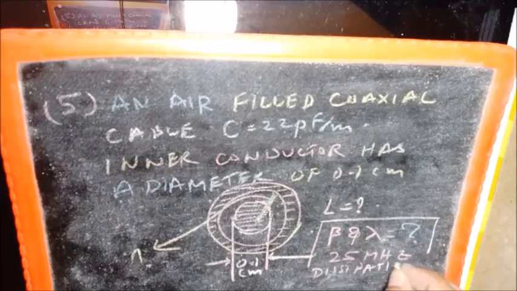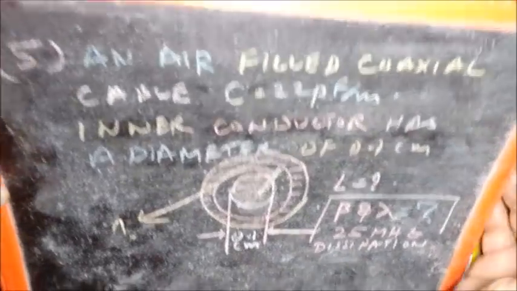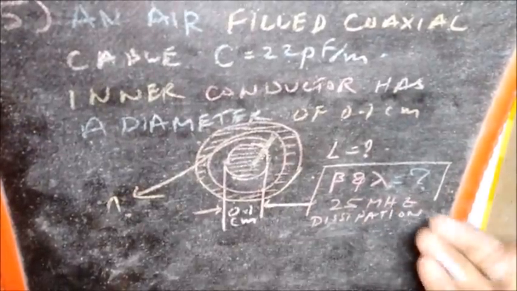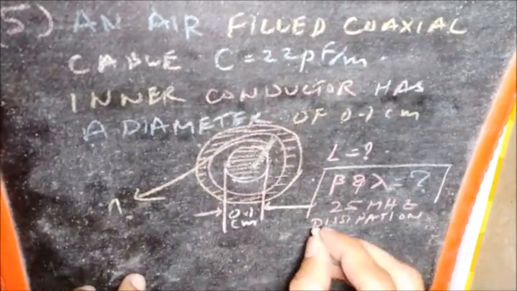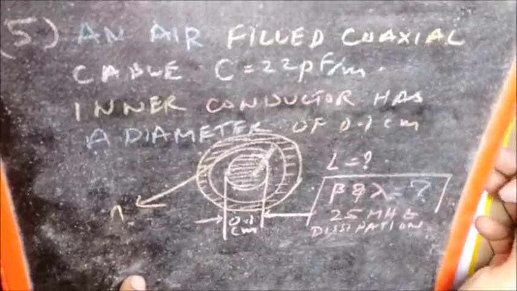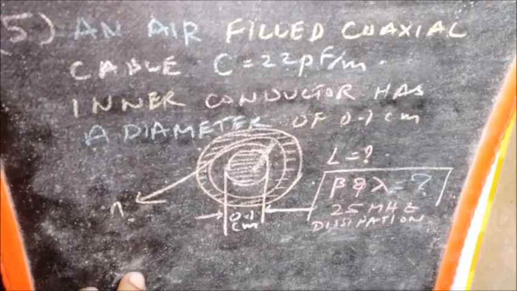What we mean by neglecting dissipation is that we can assume it as a lossless line. So no dissipation means no loss. You can ignore R and G values if you have any with you.